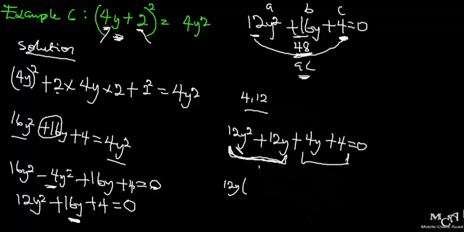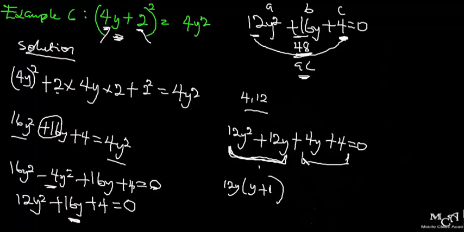If I take out 12y from 12y squared, I'm left with y. If I take out 12y from 12y, if I divide, I'm going to get just 1. So 12y times y gives me 12y squared, plus 12y times 1 gives me 12y. Now let's go to the second bracket.